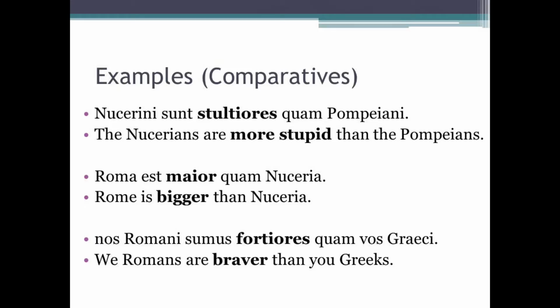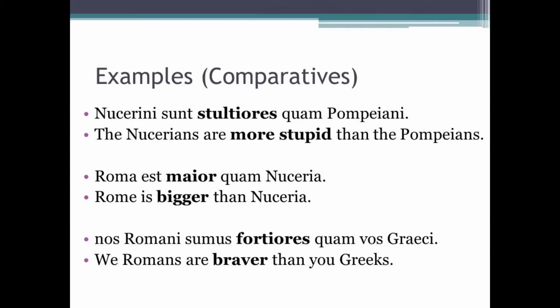Now let's have a look at a few examples of comparative adjectives. Nucerini sunt stultiores quam Pompeiani. The Nucerians are more stupid than the Pompeians. Roma est maior quam Nuceria.